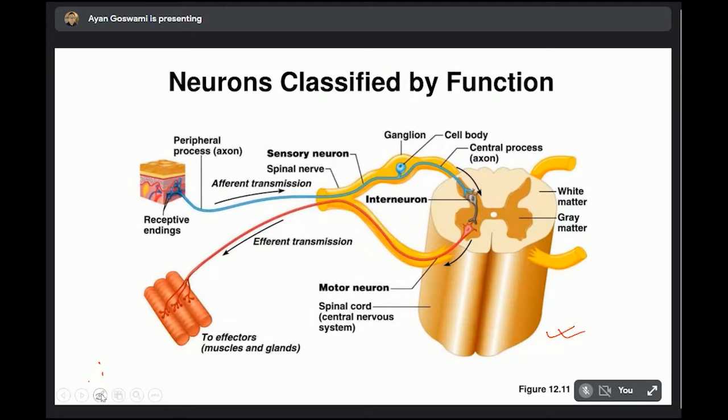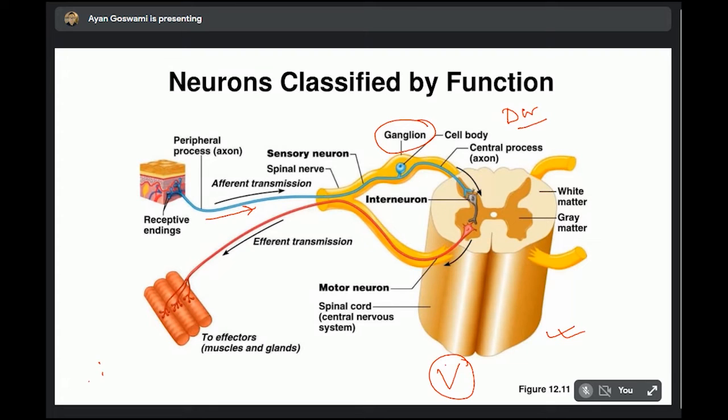So this is the ganglion or dorsal root ganglion, right? Ganglion is nothing but the cell body of this neuron. So this sensory nerve has two poles, two axons. This is the direction of sensation, which is moving into the spinal cord through the dorsal root. This is dorsal, and this is ventral root, right?